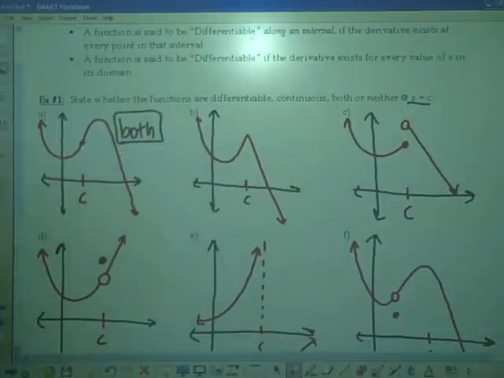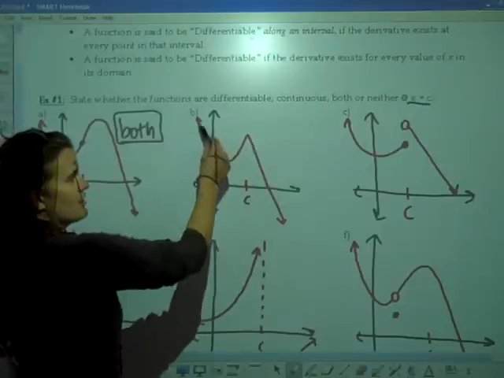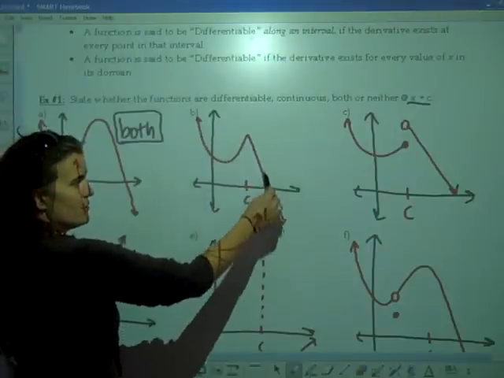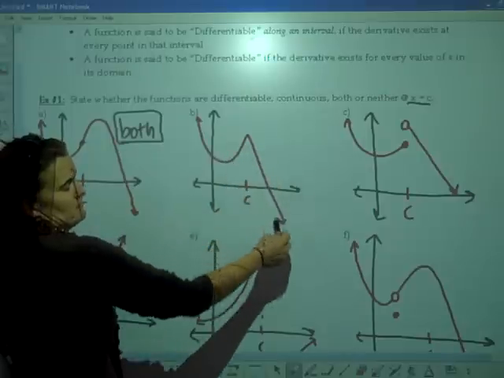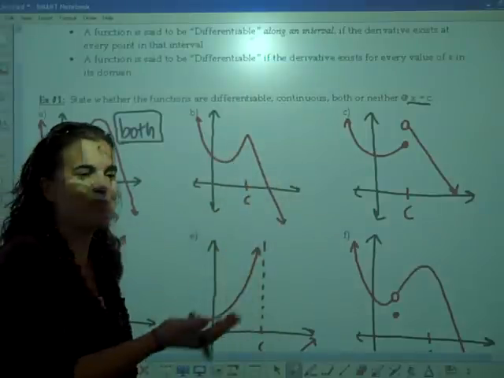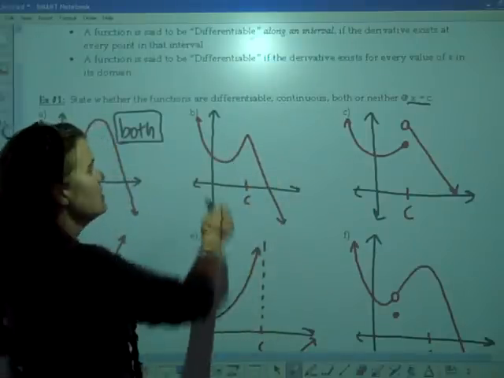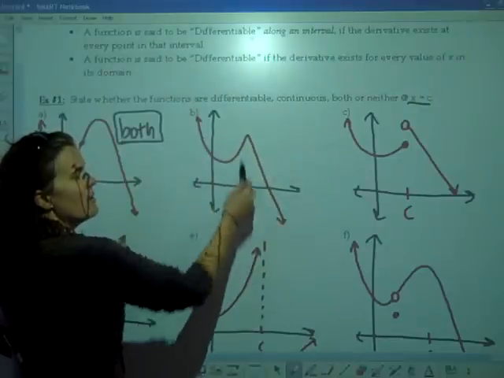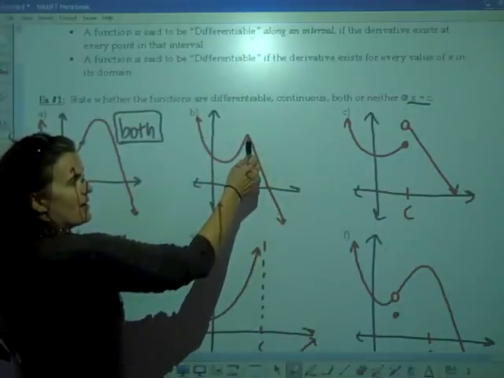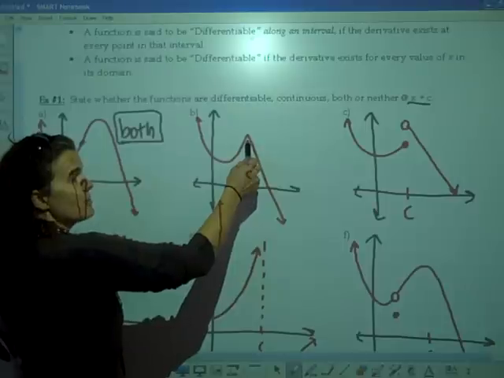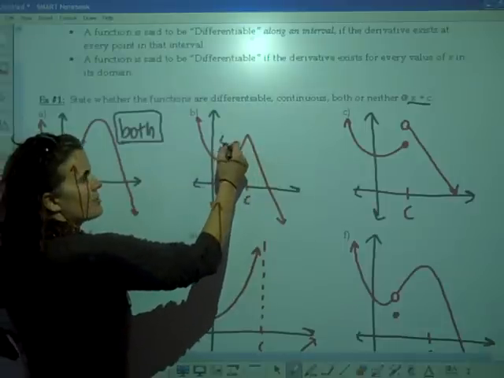Okay. Now letter B, clearly continuous, the function continues, it doesn't have a break, there is no hole or asymptote there. So we do have a nice continuous function. But if we talked about the rate of change right at that point, because there is a cusp, we could not draw in a unique tangent line.